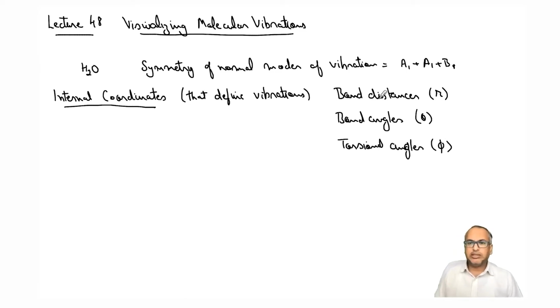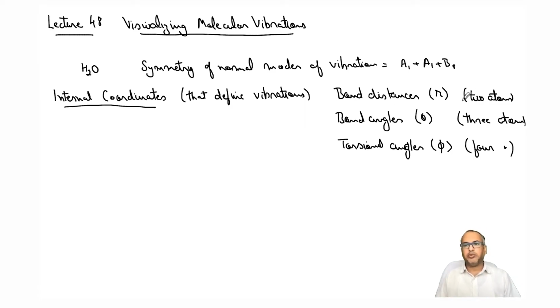To define bond distances, you need 2 points or 2 atoms, right? To define a bond angle, you need 3 atoms minimum. And to define a torsional angle, you need 4 atoms minimum. Okay. So that is the requirement.